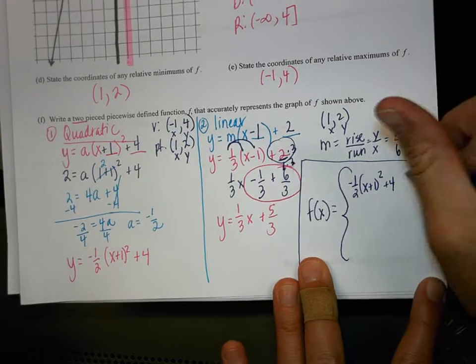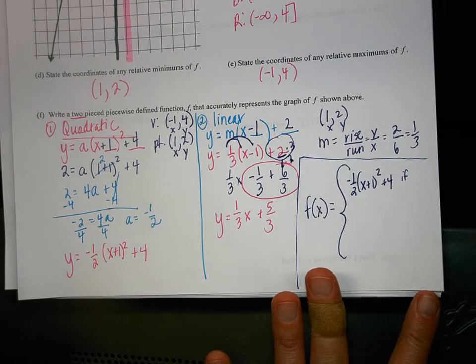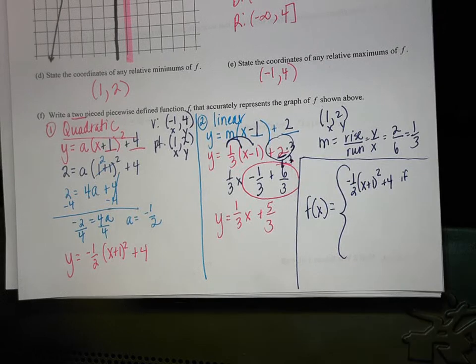And then this is where we go if, and we have to state the interval, but when you're stating the interval, you write it in inequality form for our piecewise defined functions. So what would be the interval for this part?